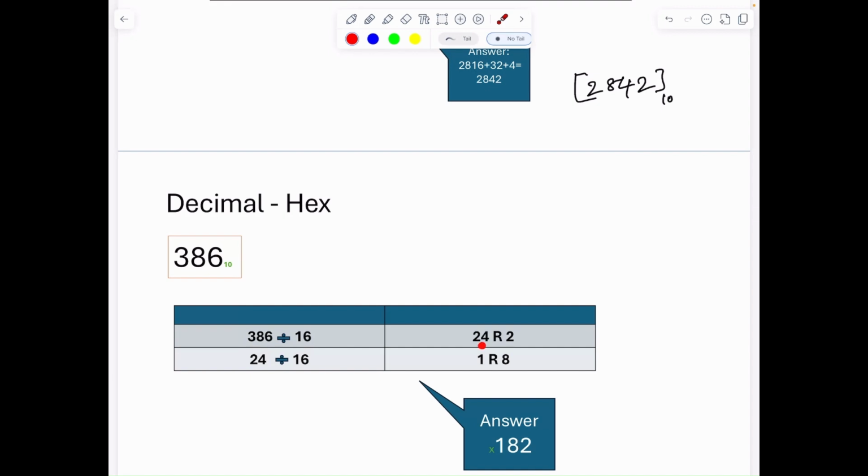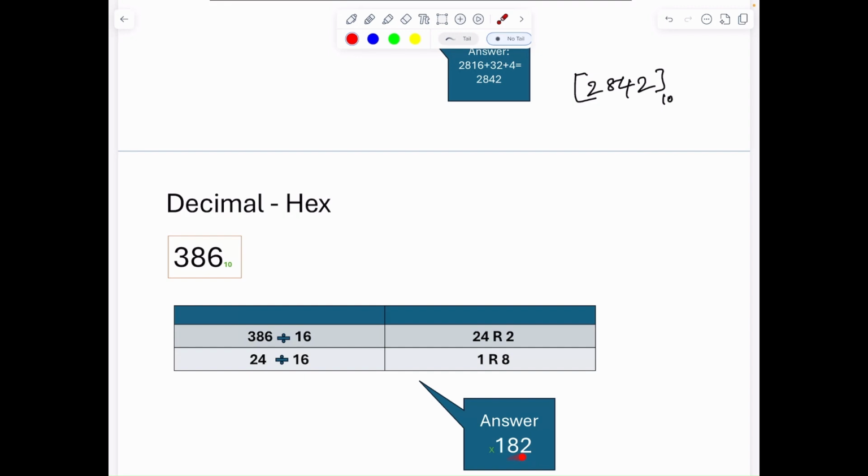All right, so how do we convert a decimal into hex? It's a similar idea, right? In the case of binary, we divided everything by 2. In this case, we need to divide everything by 16. So we have the number 386, it is base 10.